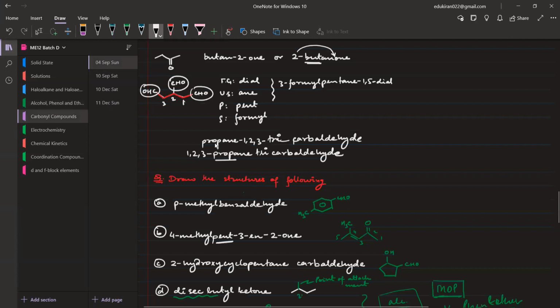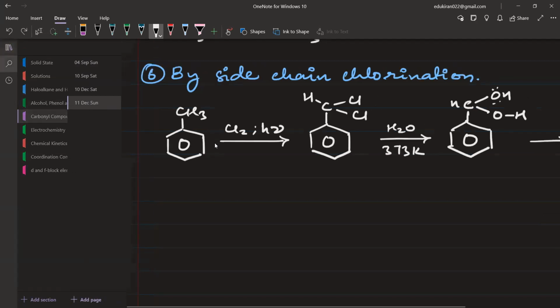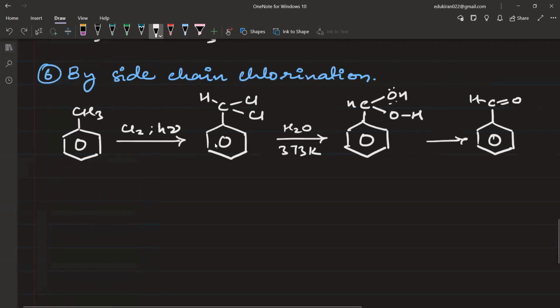So here we have two OH groups attached and one is hydrogen. So it is going to get converted to aldehyde. Please write this down. Side chain chlorination is used when you are going to have only methyl benzene, toluene के case में बस. Okay, this is also known as toluene if you don't know. Okay, benzene ring connected to a carbon atom.